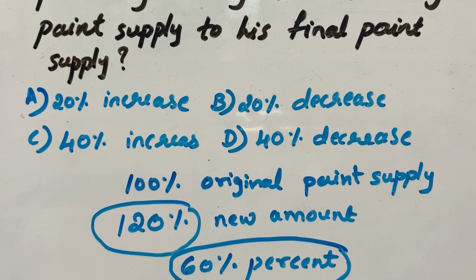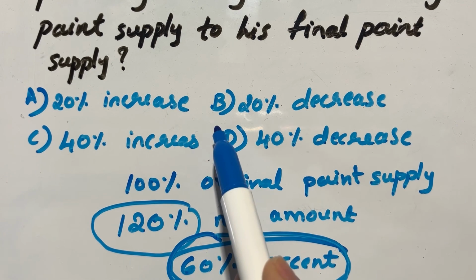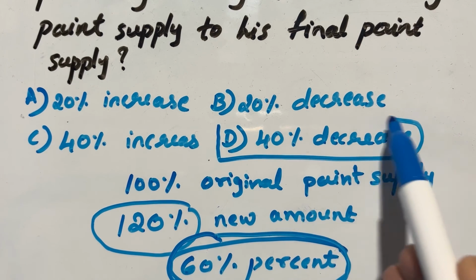So the percentage change from his original paint supply to his final paint supply is not increasing, it's decreasing. Since he used only 60%, the percentage is decreased by 40%. So the option is option D.